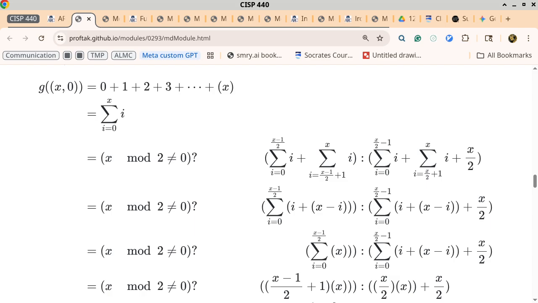The next step is to recognize, hey, if I pair up these two, it's the same thing as if I pair up these two, which is the same thing as if I pair up those two. So that's how we got to this part here, where we have i, and then we also have x minus i. Because the one is i is the 0, and then the x minus i is the 5.